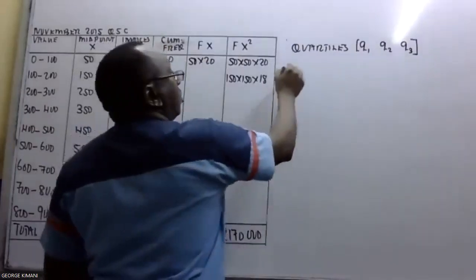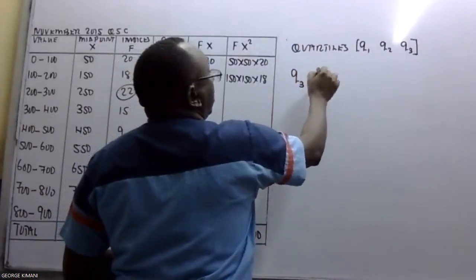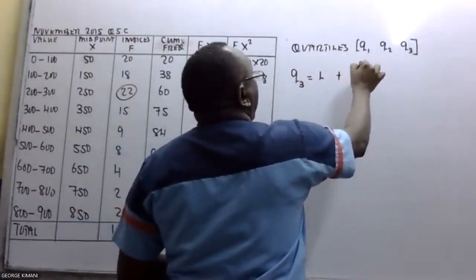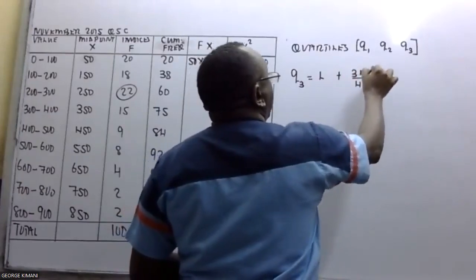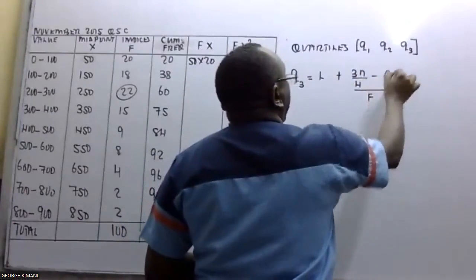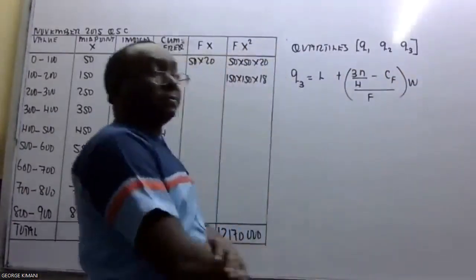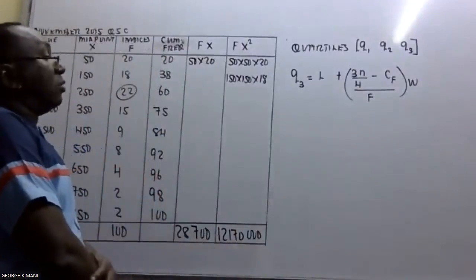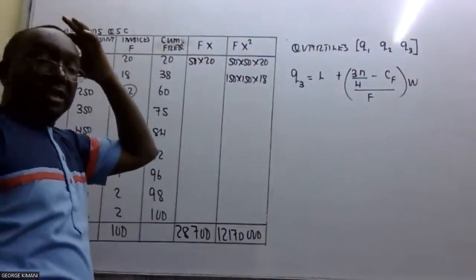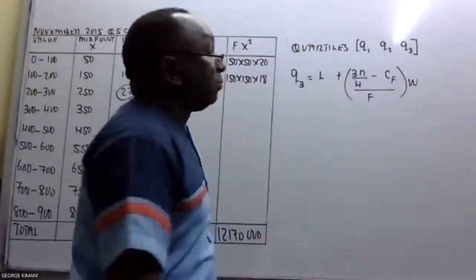But I want us to compute Q3 for now. Now Q3 will be given as L plus 3N out of 4 minus CF, you divide by F, you multiply by W. That is the quartile 3. I've said it divides data into 4, that's why you're dividing by 4.